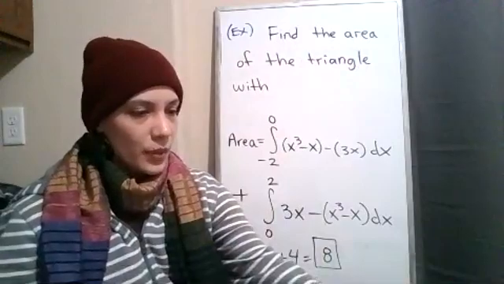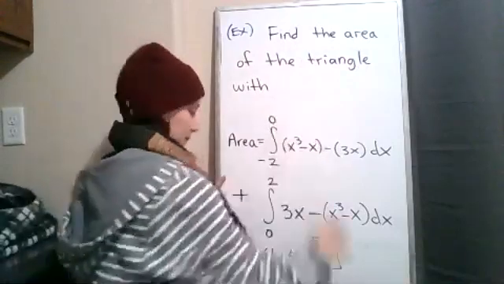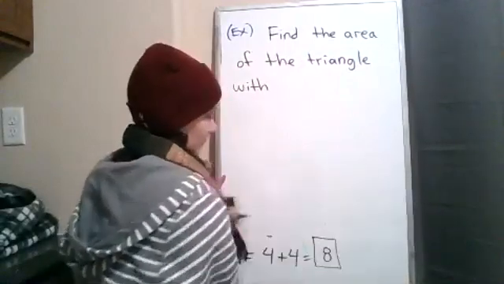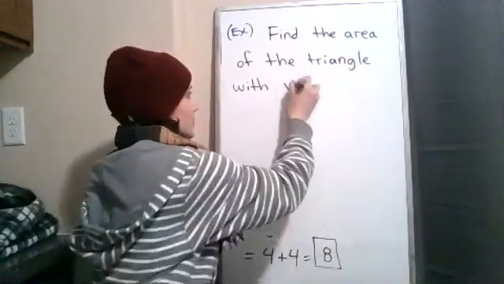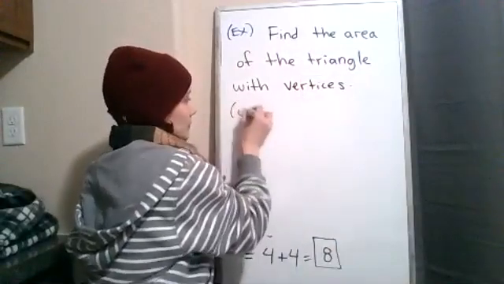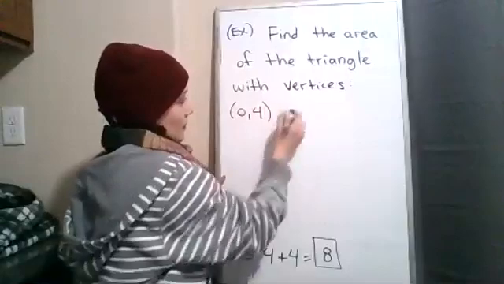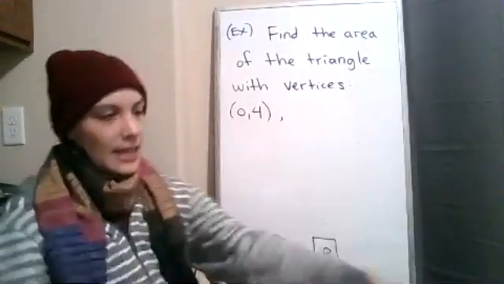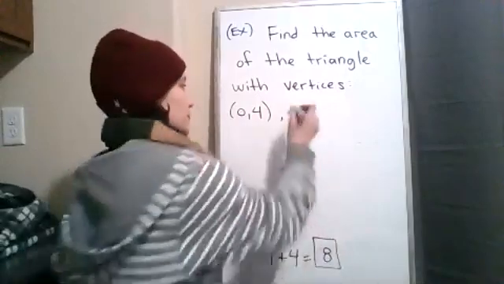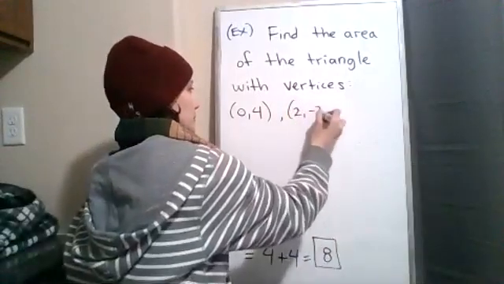Vertices of 0, 4. Next one is at 2, -3, and then 6, 2.